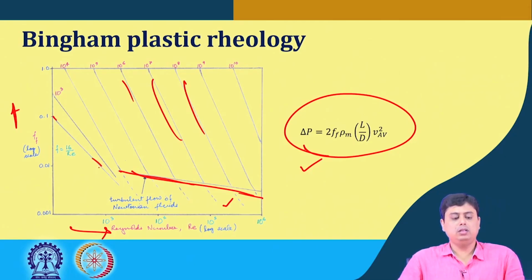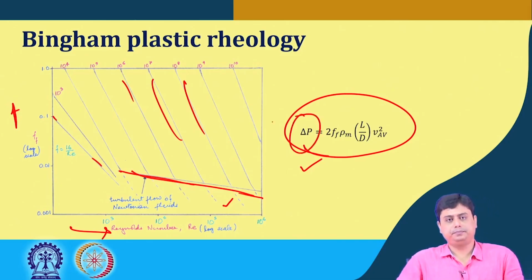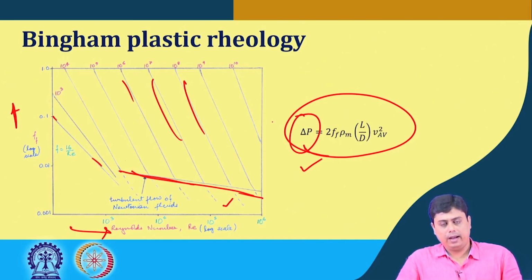But depending on these two numbers, that is the Reynolds number and Hedstrom number, we can find out what is the friction factor, and then we can find out what is the del P. So, this is how we calculate the pressure drop requirement for a slurry that is showing Bingham plastic behavior, and accordingly we can understand its pumping cost.